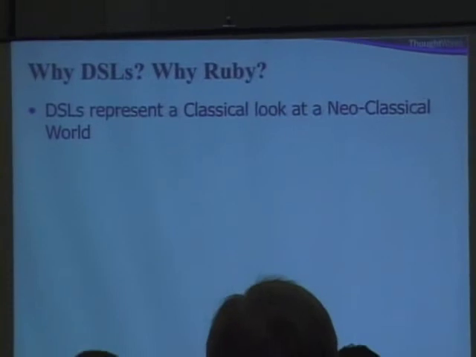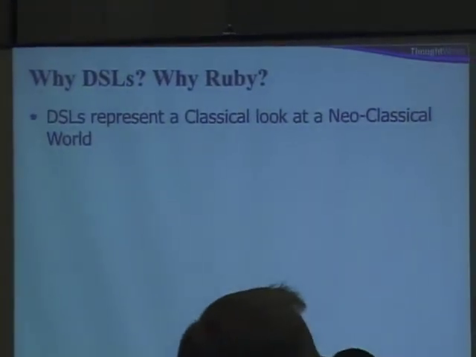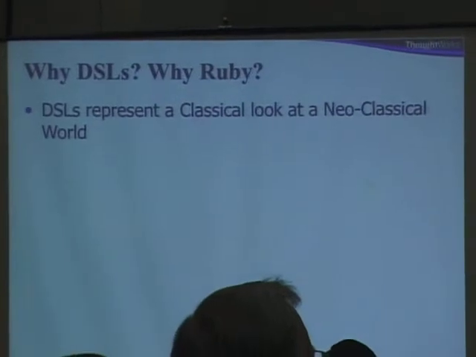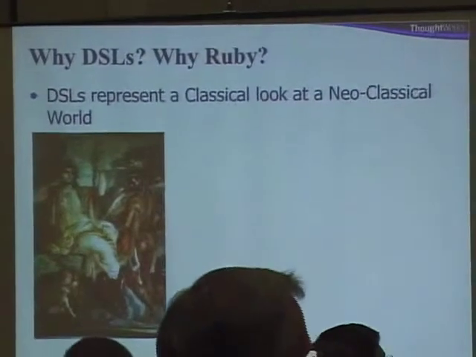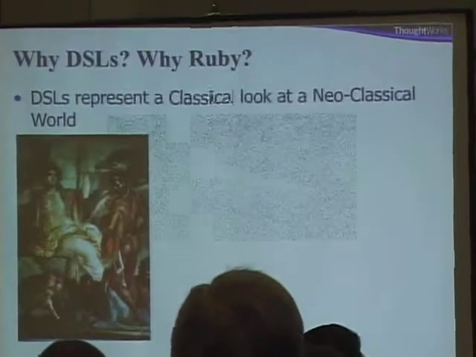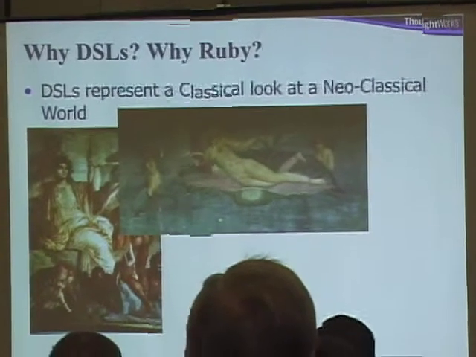So DSLs really represent kind of a throwback to some techniques that were developed a long time ago. The parallel that strikes me here is the parallel with classical art, which is art created by the ancient Greeks. They created a whole bunch of art, and then of course civilization crumbled and fell.